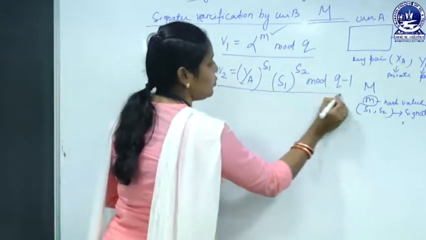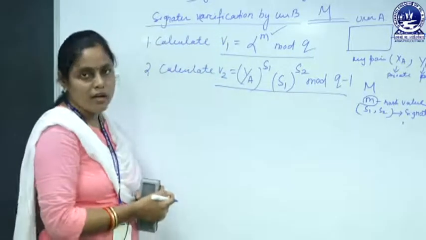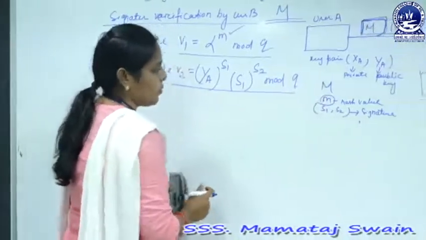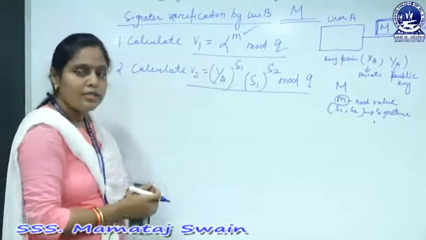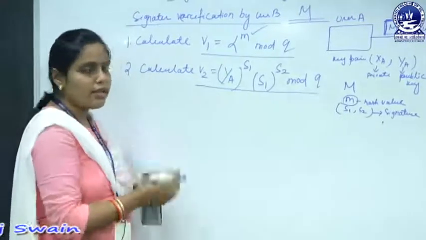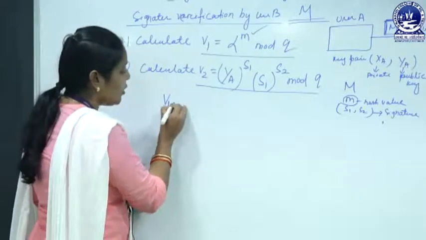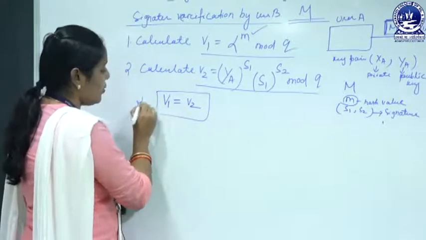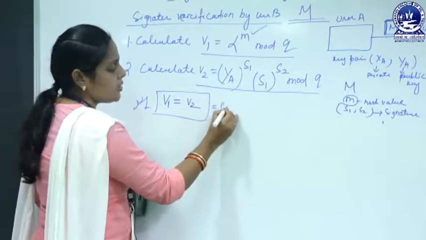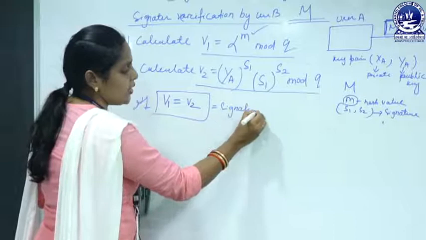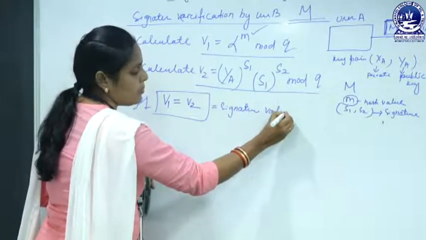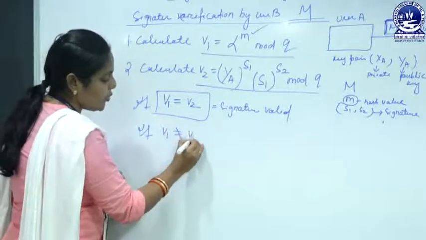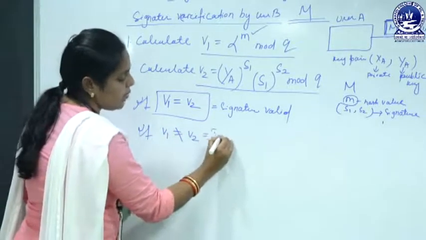This is the V2 value calculated by the user B. After calculating the V1 and V2 values, the user B compares V1 with V2. If V1 equals V2, that means the signature is a valid signature. If V1 is not equal to V2, that means it is an invalid signature.